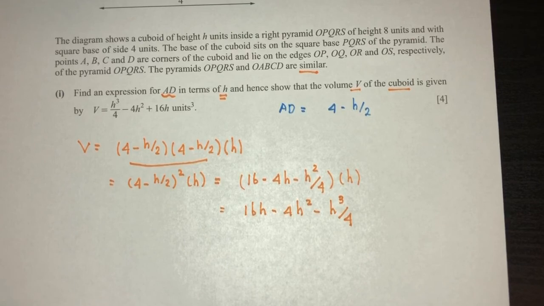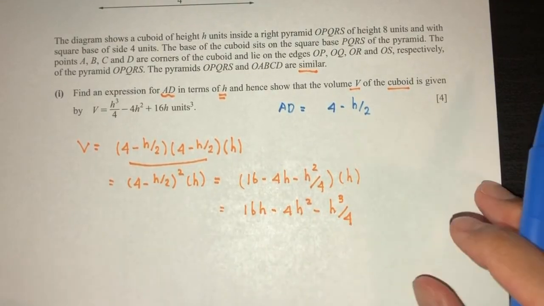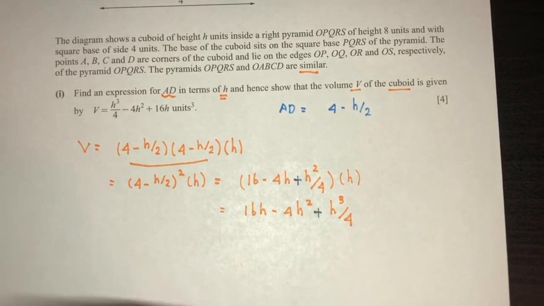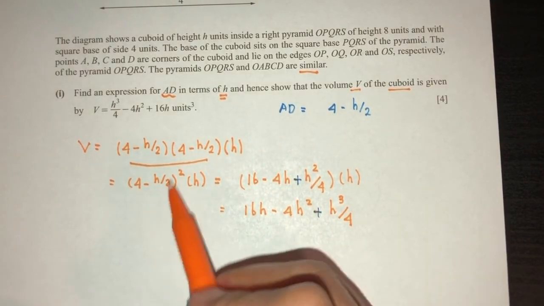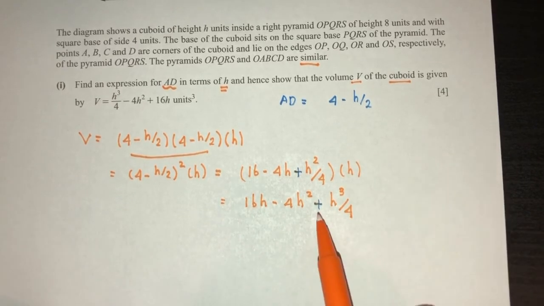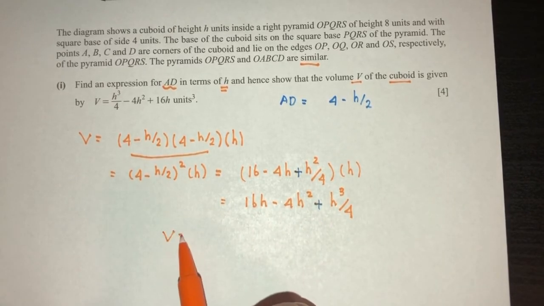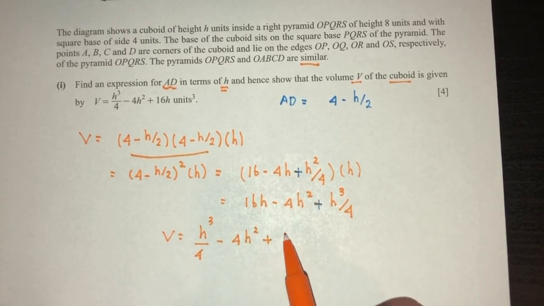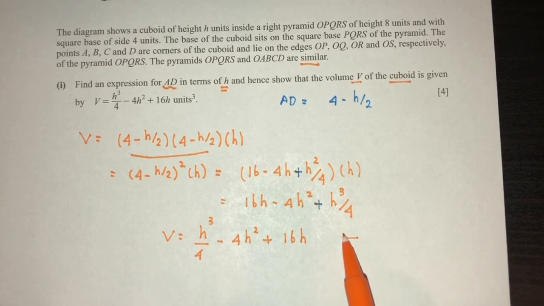Okay, so let's see where we made a mistake. I think here this must be plus 4h, because when you expand, the value in the end will become positive. So V will become h cubed over 4 minus 4h squared and then plus 16h. That is the value of V.